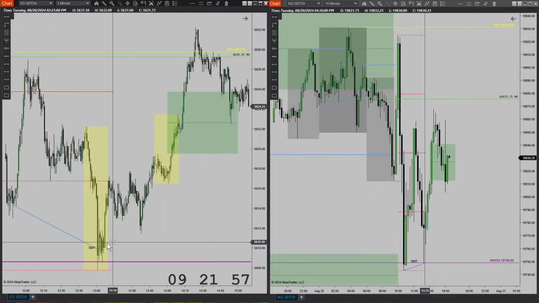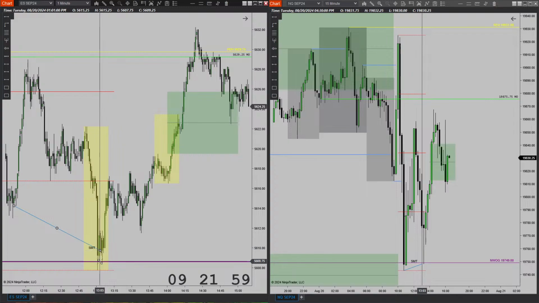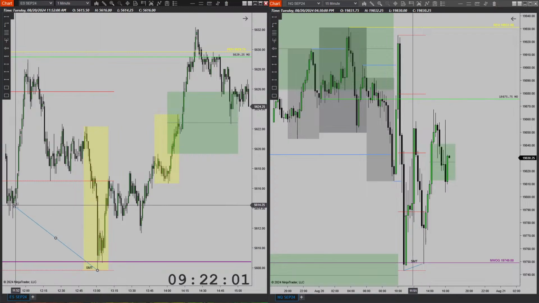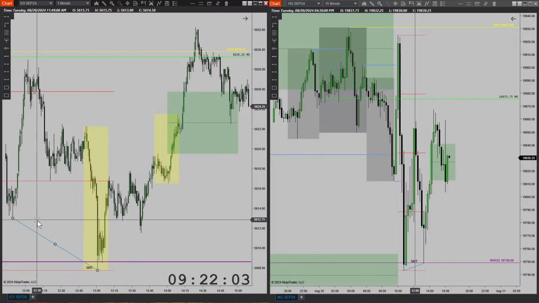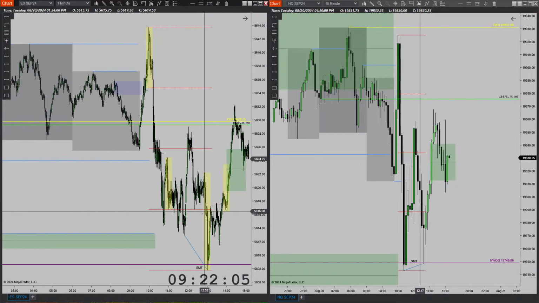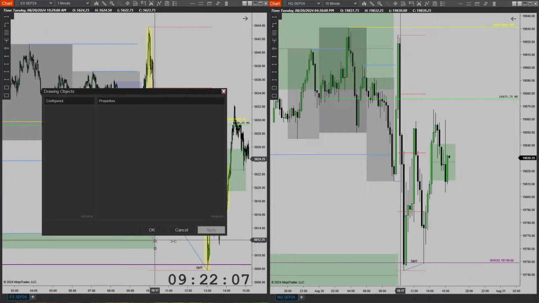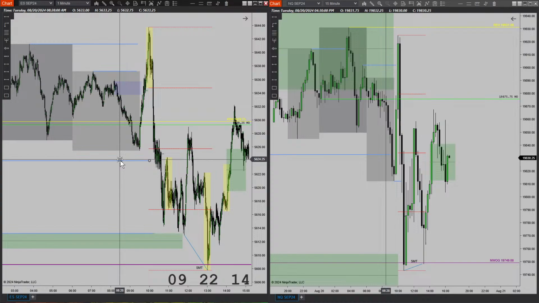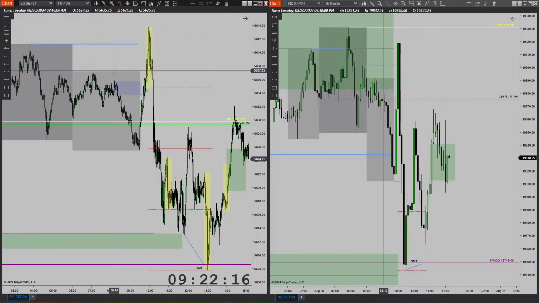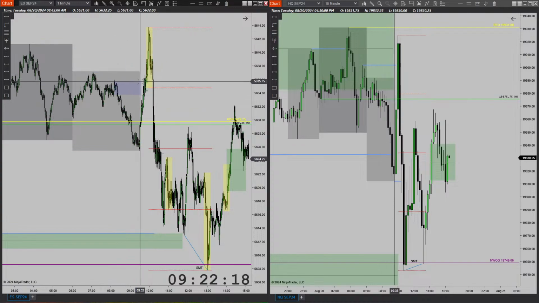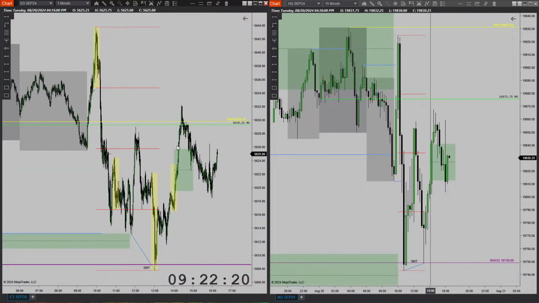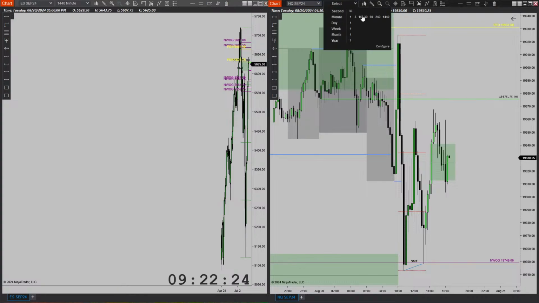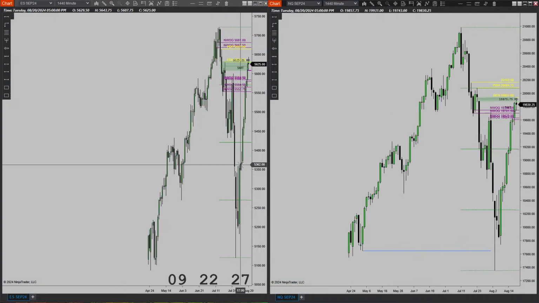I hate it when this happens. Sweep. Let's take this out, and this out. Okay, all right. So let's just zoom out to the daily real quick so we can go down in detail.